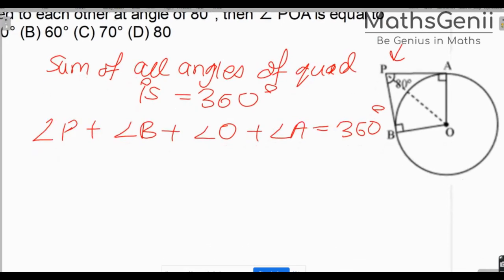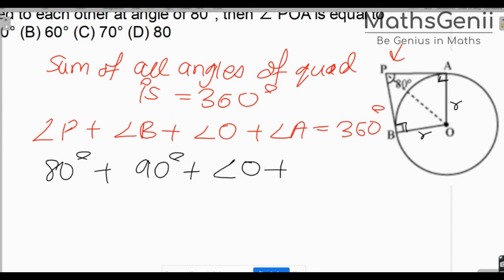So P is 80, B is 90. How is B 90? Because this is radius, this is tangent, so of course it is 90. So B is 90. O, I don't know. And A is also 90.